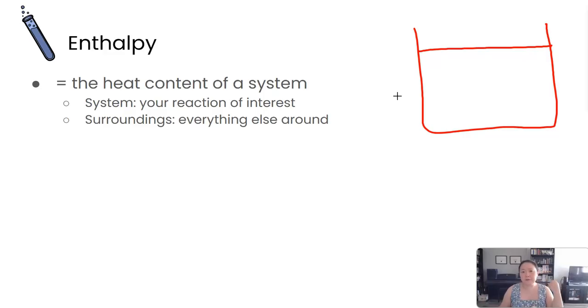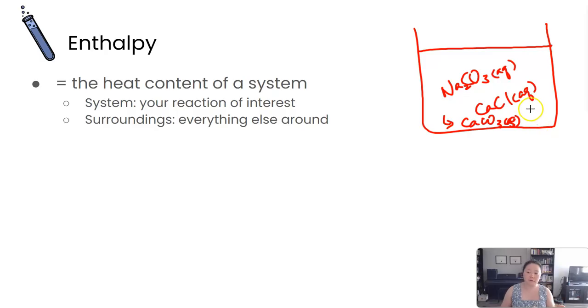So, you're going to take your sodium carbonate, toss it into a beaker, and then you're also going to be tossing in your calcium chloride as a solution as well. When you mix these things together, you are going to get a precipitate of calcium carbonate, and then you'll have sodium ions and chloride ions left over.